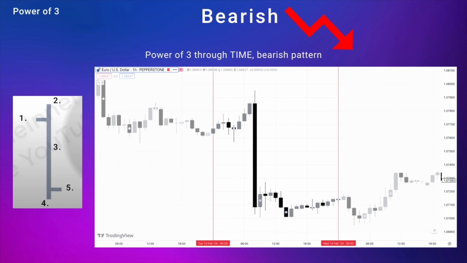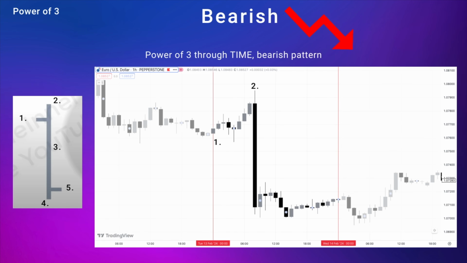This big candle is due to news, but this can happen also without news. In that case, maybe we're not going to have only one extremely bearish candle, we're maybe going to have more than one. But the example still stands. And so in this day, the 13th of February 2024, what we can observe is the price first and foremost opening close to the high of that day.